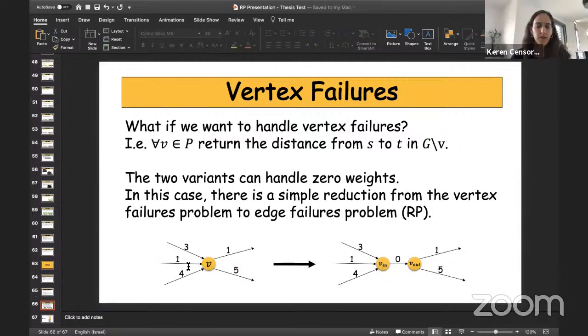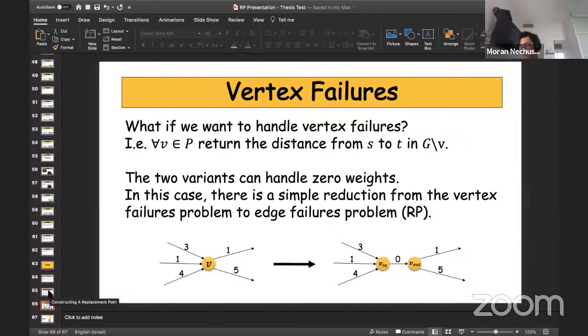Are these complexities tight? We don't have lower bounds for the two problems. Maybe the replacement paths for planar graphs can be solved in linear time. We don't know.